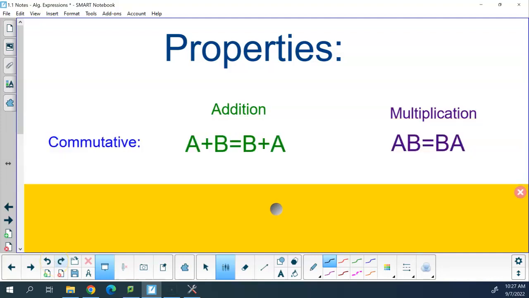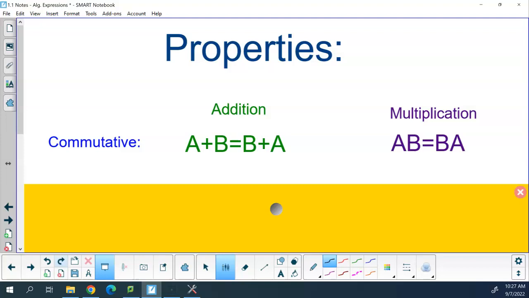I do not and will not test you, quiz you, or make you memorize the names of these properties. However, I do expect you to know how to use the properties.